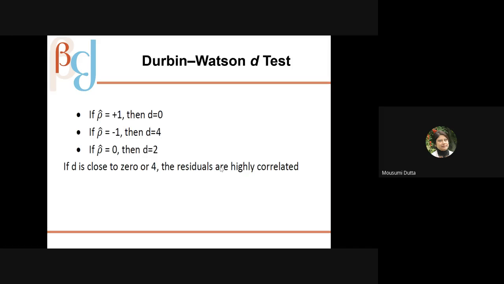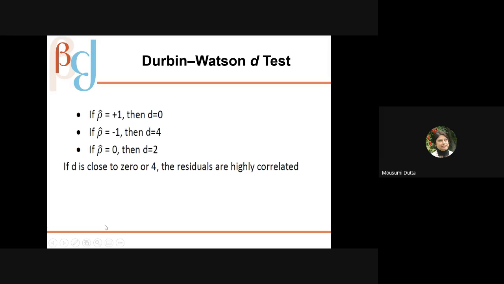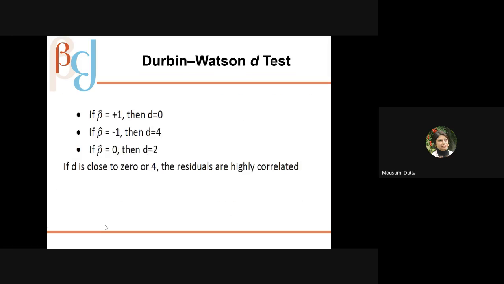If rho hat is plus 1, in that case D is equal to 0. If rho hat is minus 1, in that case D is equal to 4. If rho hat is 0, in that case D is equal to 2. So I am considering the two extreme values of the correlation, plus 1 and minus 1.